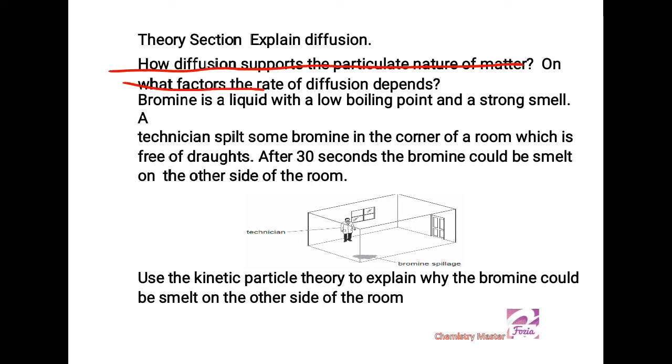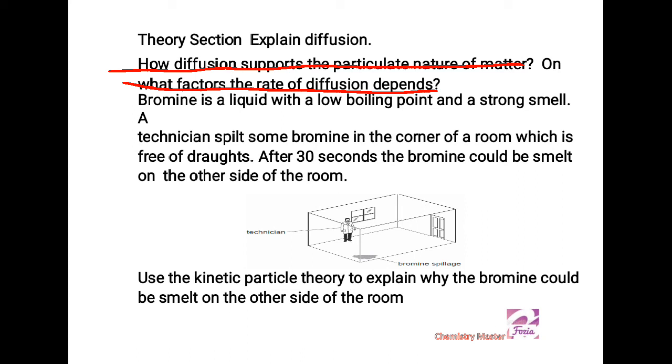How does it support that the particulate nature of matter really exists? You can support your answer by defining diffusion and taking some portion from the kinetic molecular theory, and you can also give some evidence of Brownian motion.